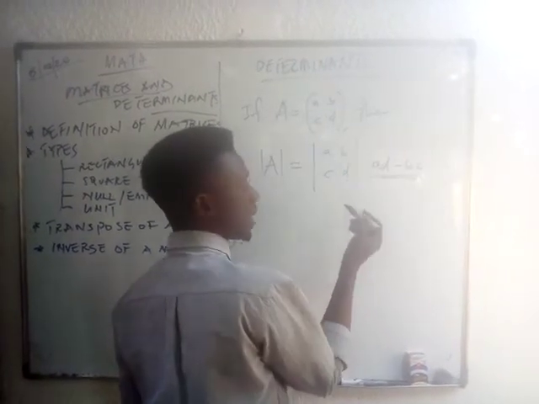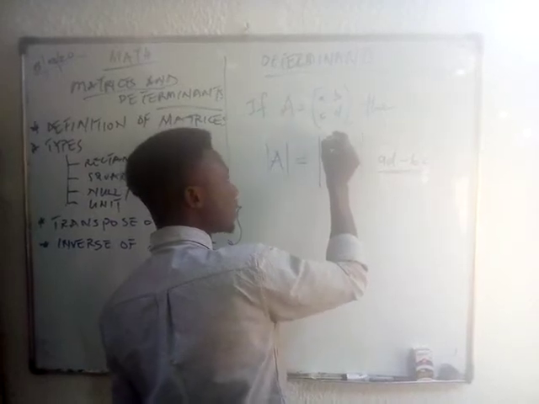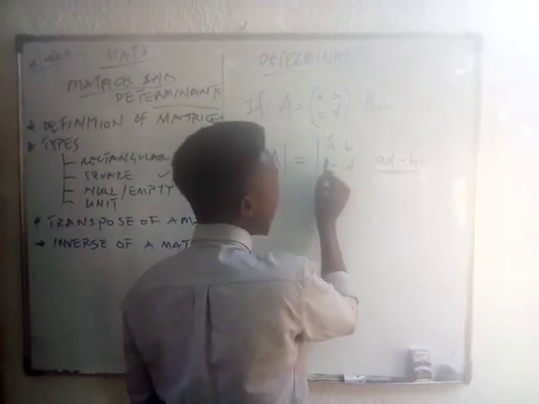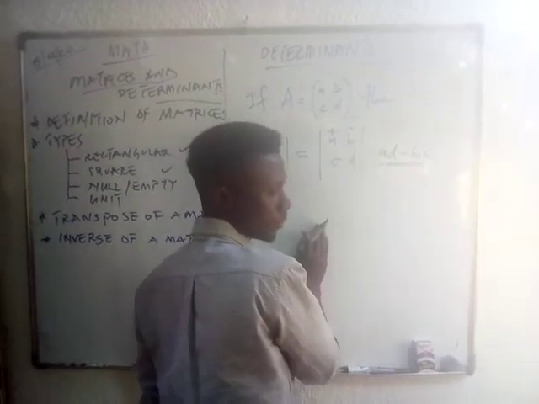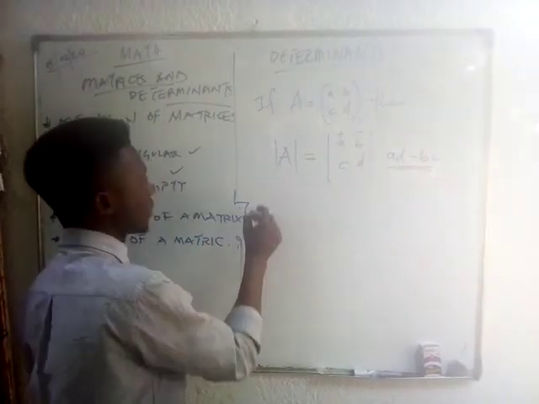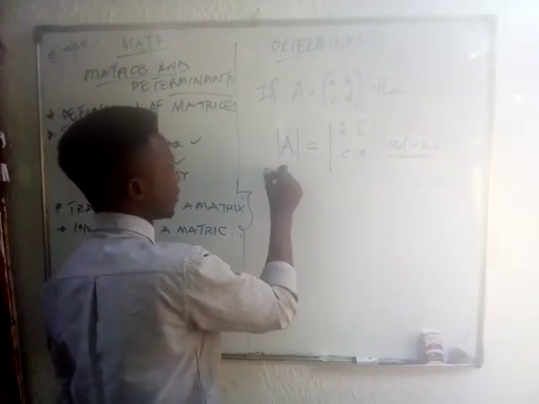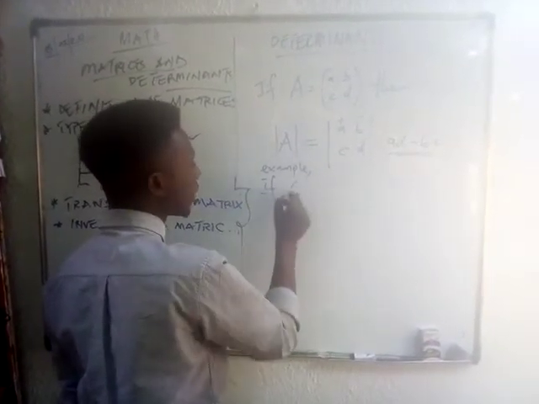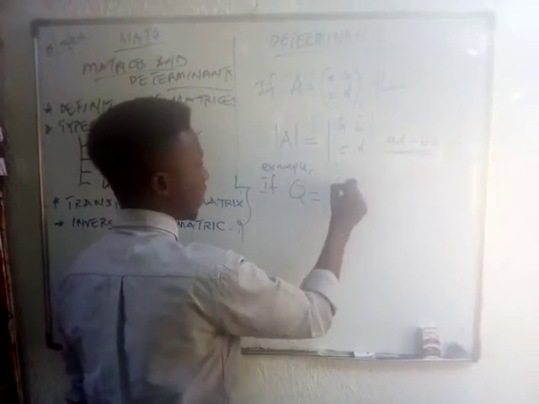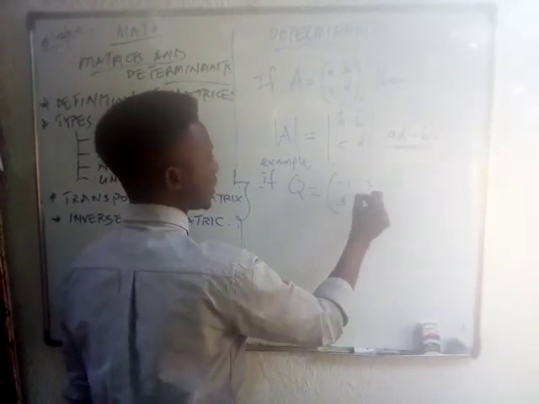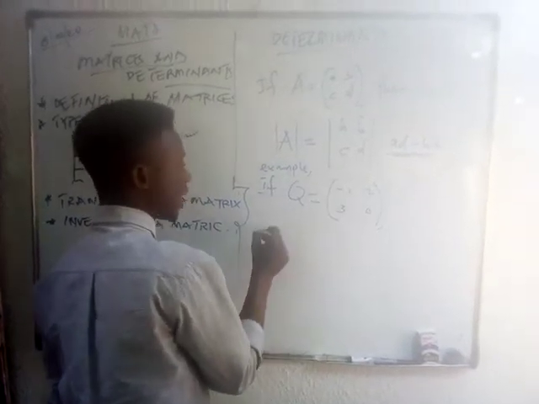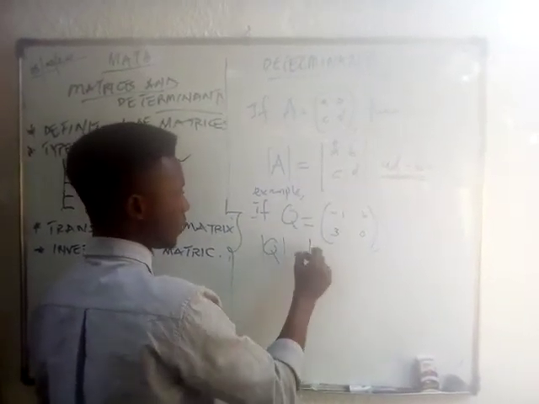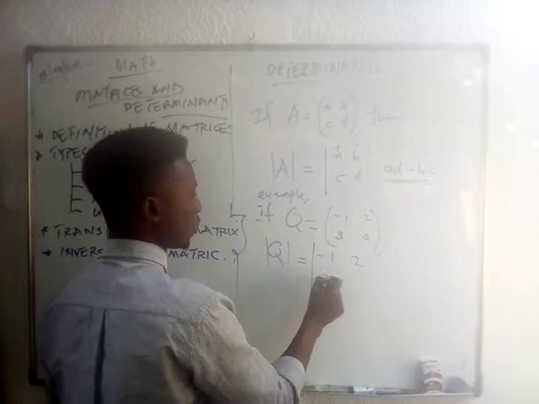In some cases, it is advisable to put the positive sign on the first column and the negative sign on the second column. For example, if Q is minus 1, 2, 3, and 0, then the determinant of Q equals minus 1, 2, 3, and 0.